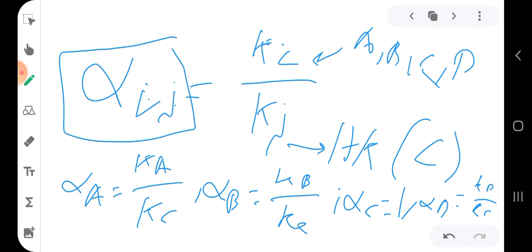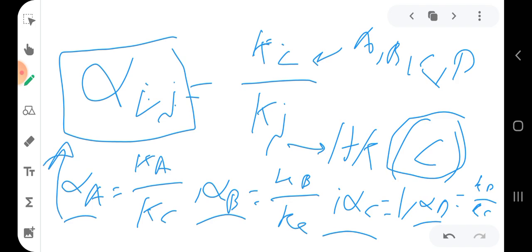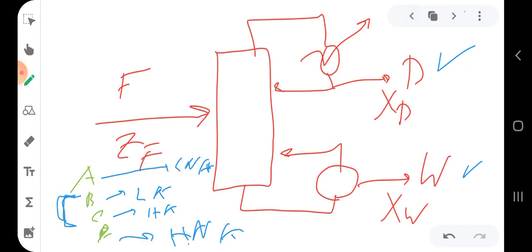So these are the relative volatilities with respect to the heavy component, which is C in this case. The higher the relative volatility is, the lighter this component is. The lower the relative volatility is, the heavier this component is.